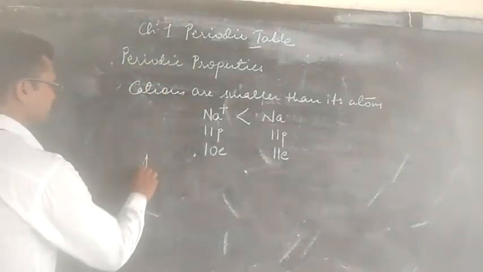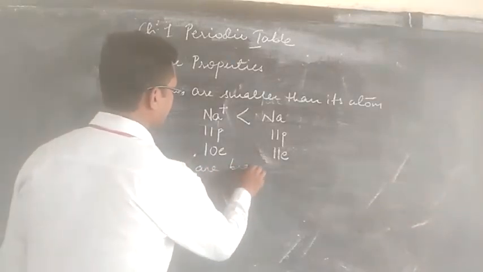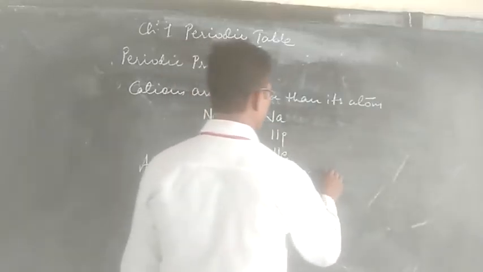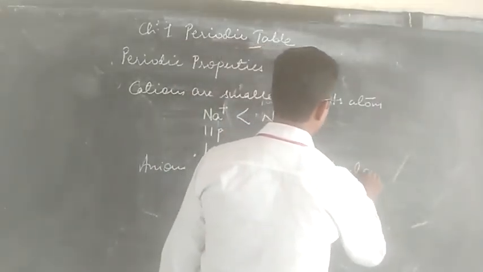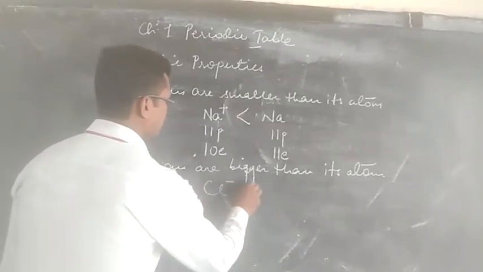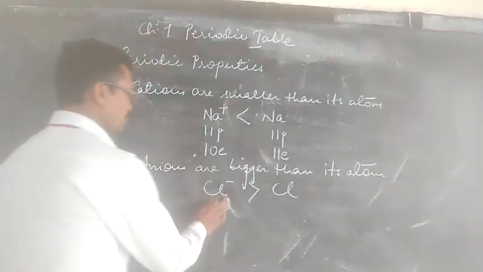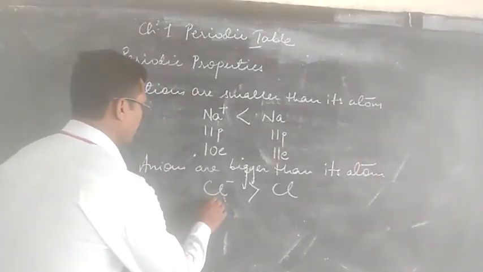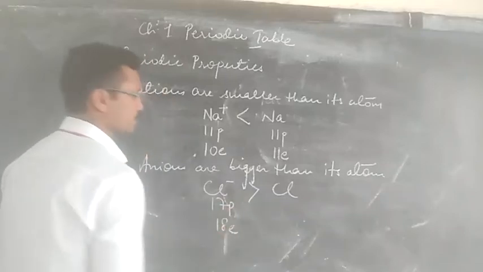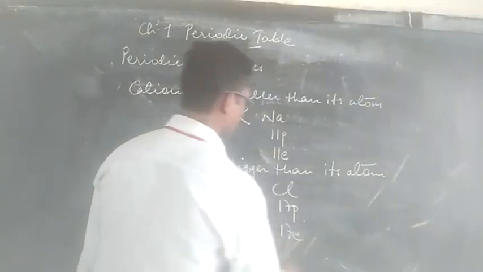Similarly, anions are bigger than their atoms. That is, chloride ion is bigger than chlorine atom. The reason almost remains the same. Chloride ion has 17 protons and 18 electrons, whereas chlorine atom has 17 protons and 17 electrons.